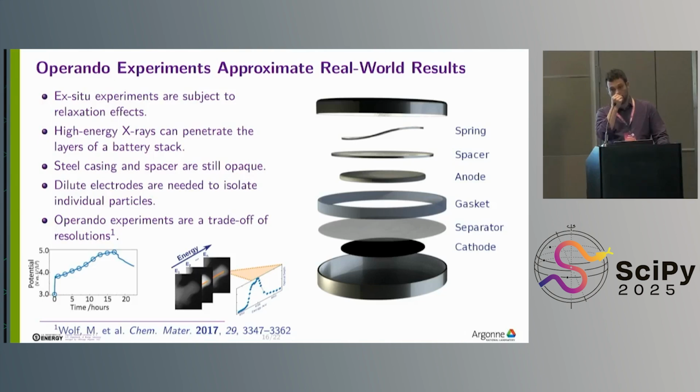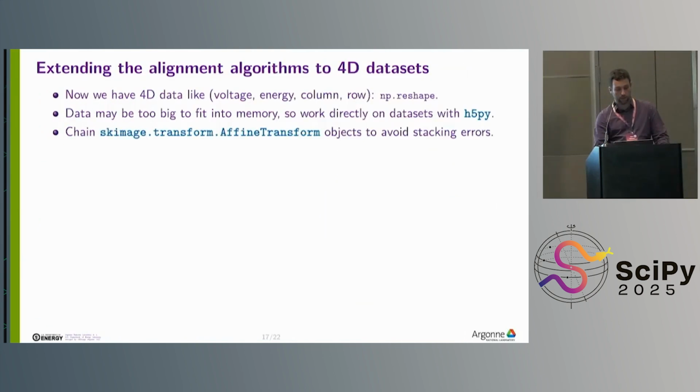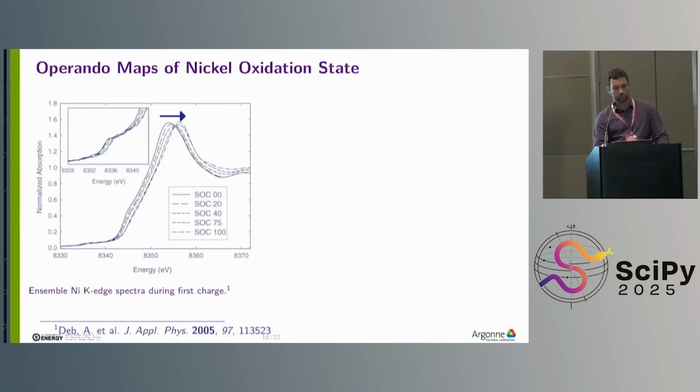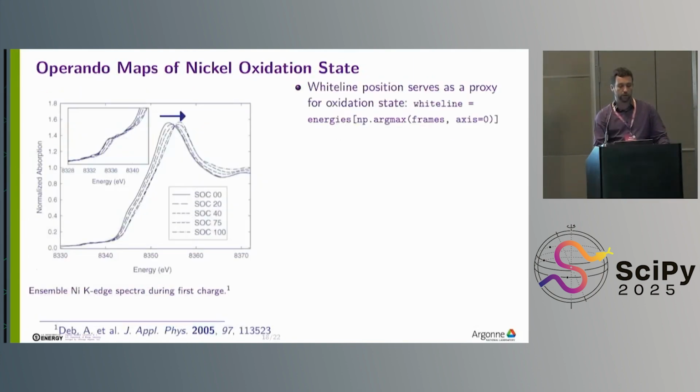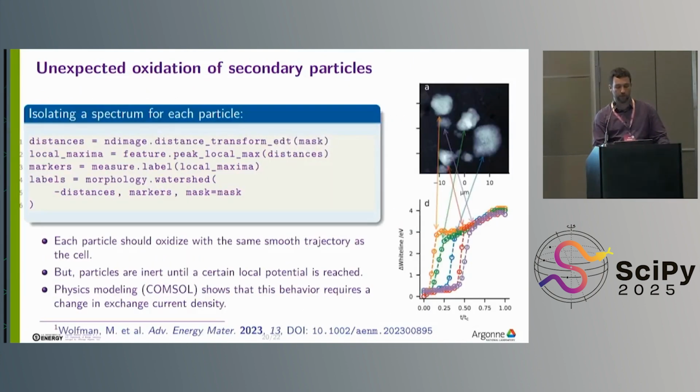Yes. So in the case of our in situ experiments, because we're making dilute electrodes on purpose, we actually kind of are making it easy for the electrolyte to get there. So it's an interesting question because it could have something to do with why we're seeing this behavior here, right? Why are we seeing these particles oxidizing kind of quickly?